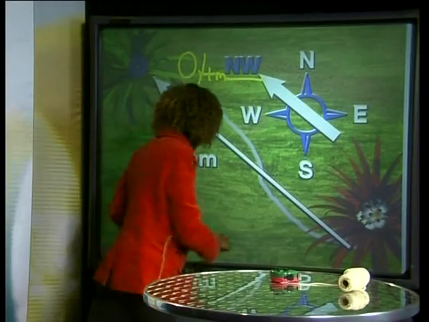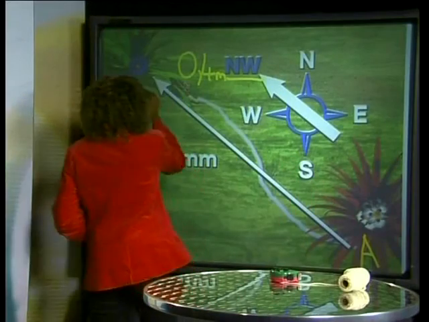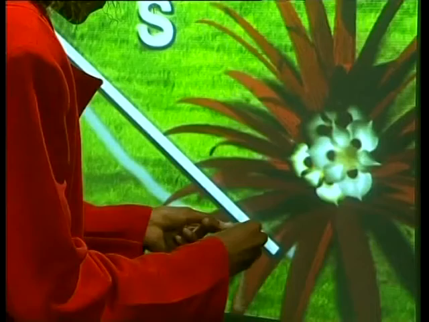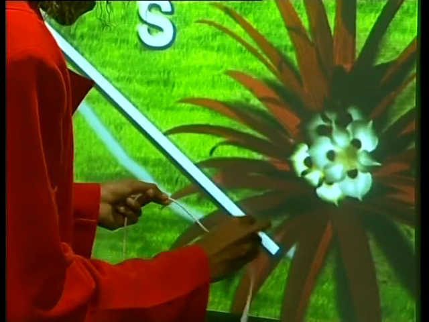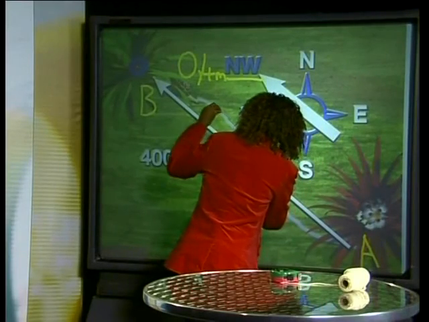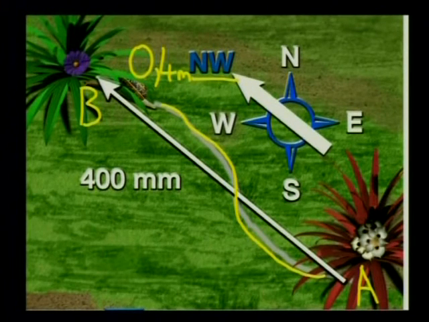You will lay the string along the path starting at plant A and ending at plant B. All you do is note your position on the string with your finger all the way up to plant B. When Nelly measures the length of the string, she found the distance to be 0.6 meters.